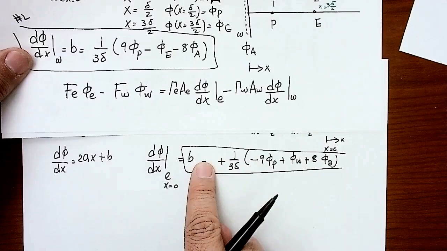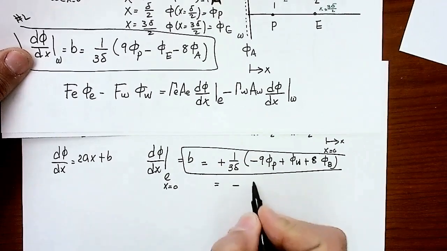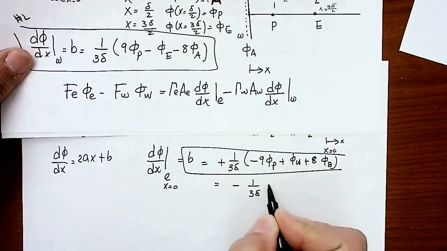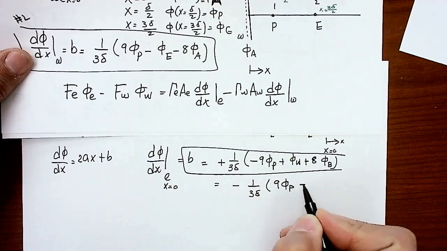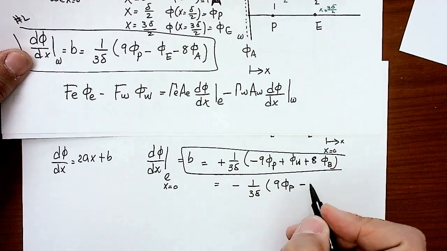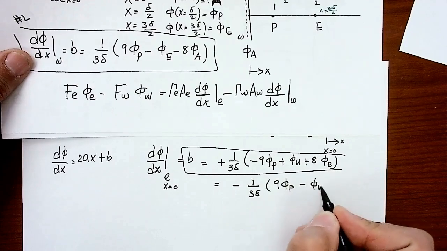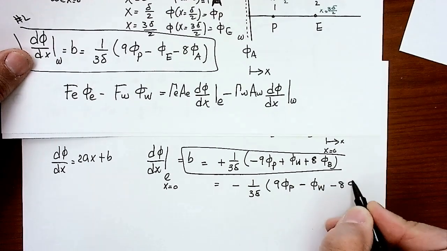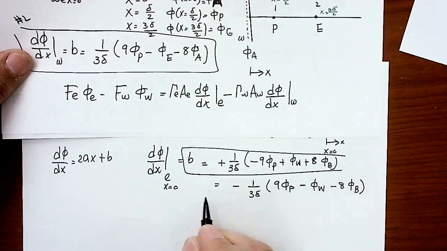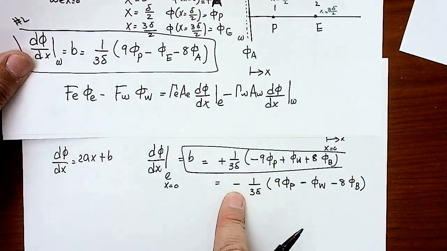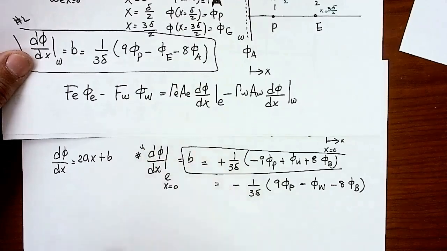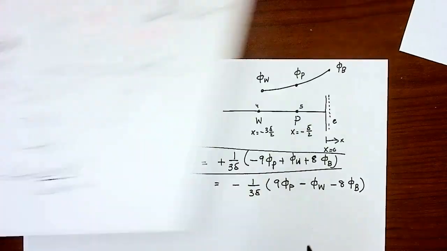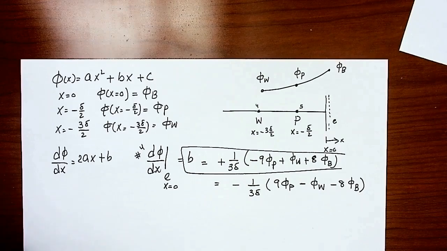If I take the negative sign out, minus 1 over 3 delta, I would have 9 phi p plus phi west minus 8 phi b. So it looks like you get the same coefficient but with a negative value here. So that's your piece of equation number 4 that you're going to need to substitute into the main equation.